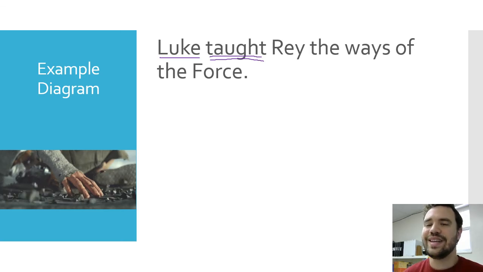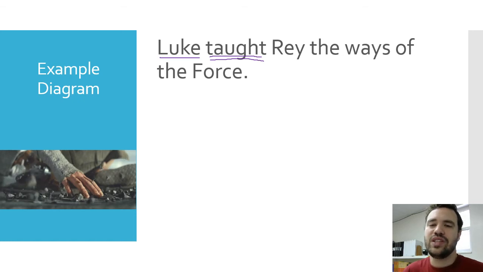However, the sentence doesn't end there. And so there is also an answer to the question Luke taught what? Luke taught the ways of the Force. So we have to think about, what does the sentence really mean here? What's really receiving the action? What did Luke teach?